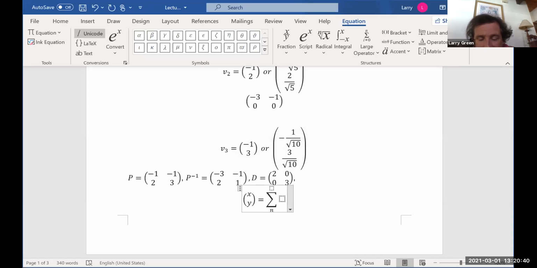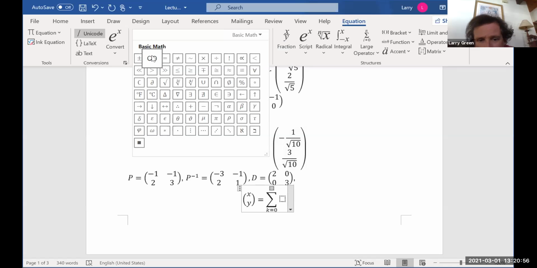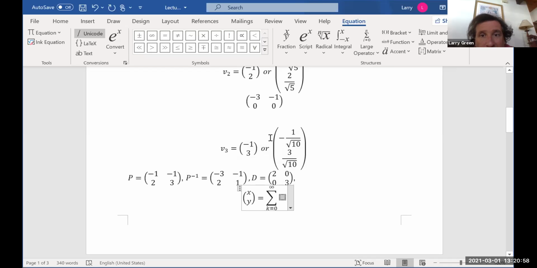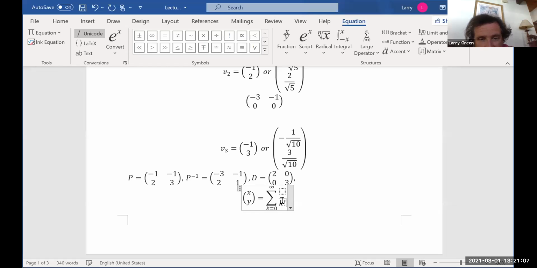And that's n, actually I like k because n is the dimension of the matrix. So k equals 0 to infinity. And then if you remember, A to the k over k factorial. Yep. So we have k factorial. And then we're going to have A to the k.